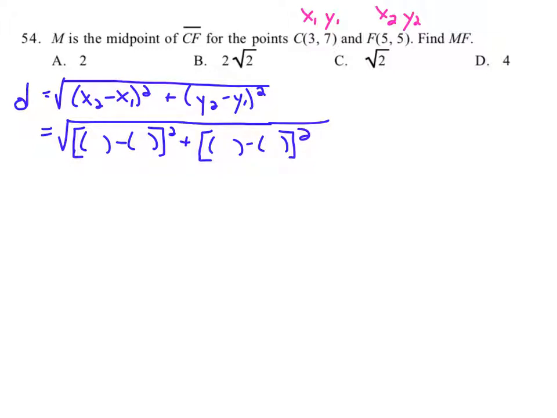So then when we sub in the points, we say x2 is 5, x1 is 3, and y2 is 5, and y1 is 7. Okay? I didn't need to guess whether I got the negatives right or anything like that. I rewrote the entire formula with parentheses where the variables were, and then I just plugged the numbers in.